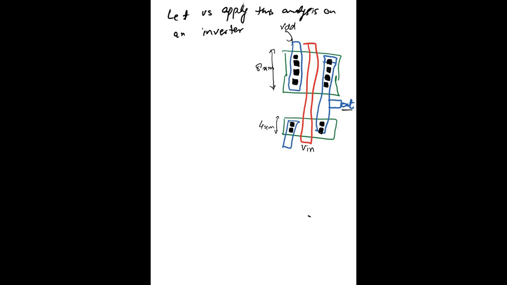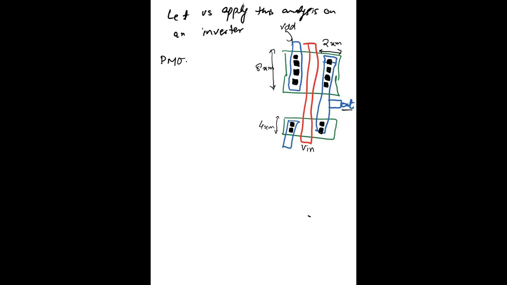And what else we have is this width from here to here is 2 micrometer, and there are other different parameters which we need to have for our inverter design.